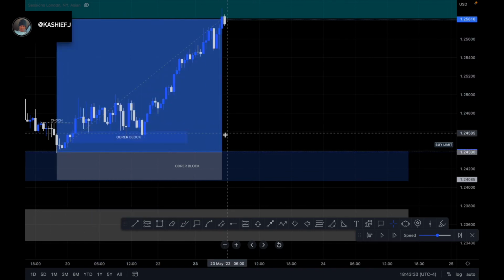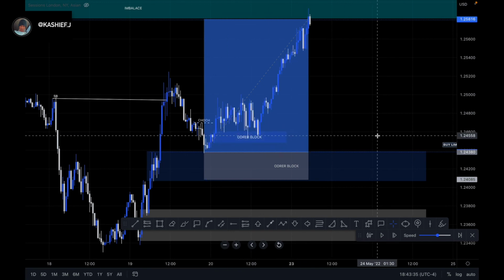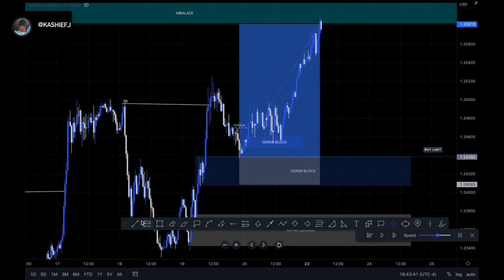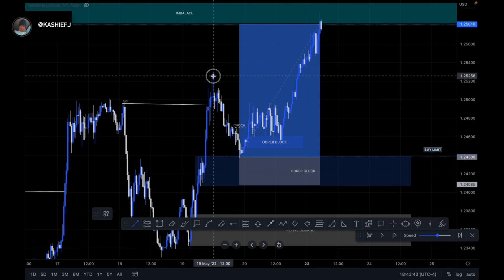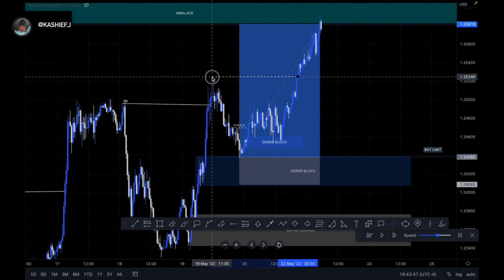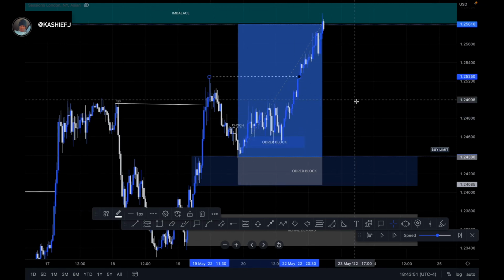So order blocks, once you know how to use order blocks within the forex market, you will find that your skill will be enhanced once you know how to use it, and once you know how to identify the right order block and which order block works, stuff like that. Backtest.